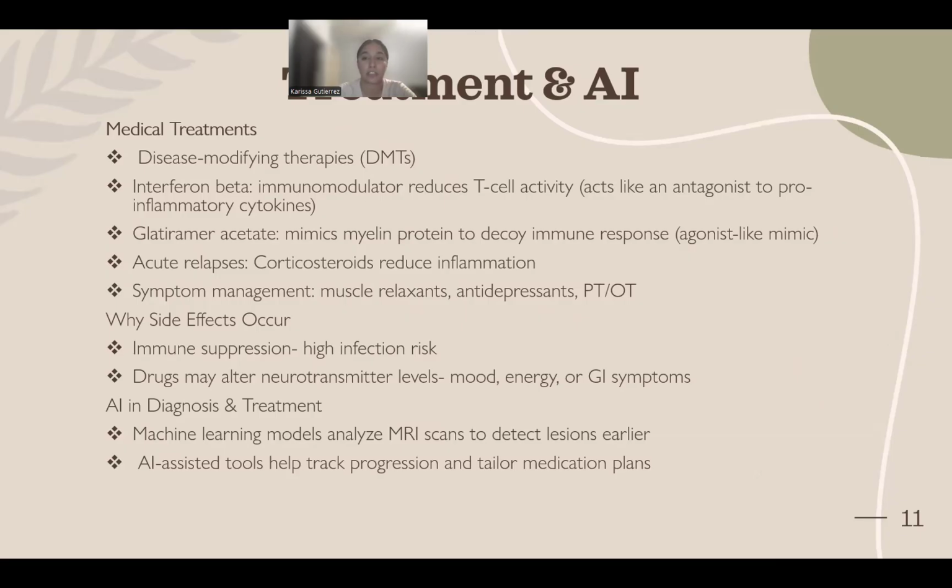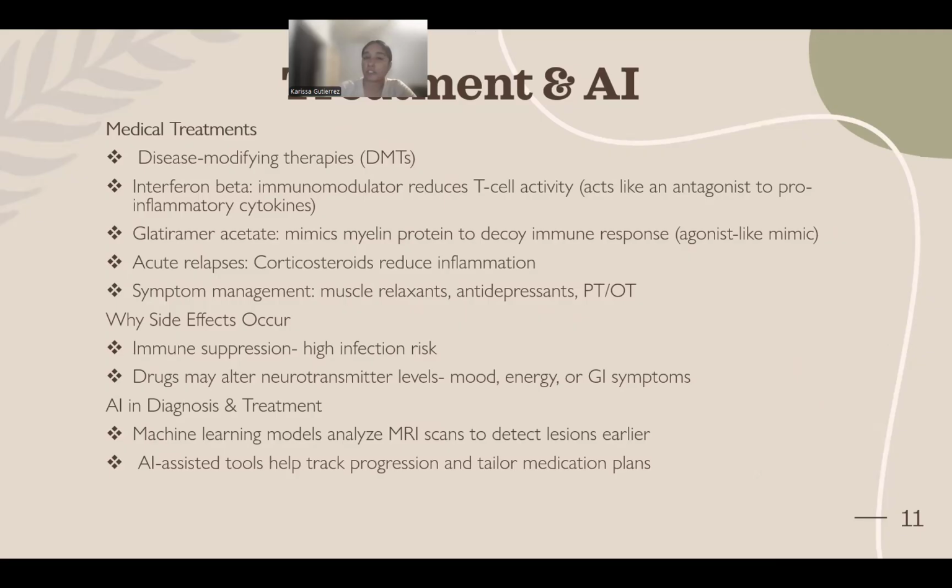It acts almost as an antagonist to inflammatory cytokines, helping slow down T cell activation. These are just some of the medical treatments that could be used. Side effects that could occur include immune suppression, so you are at higher risk for infections. Drugs may also alter neurotransmitter levels, so it could affect your mood and your energy.